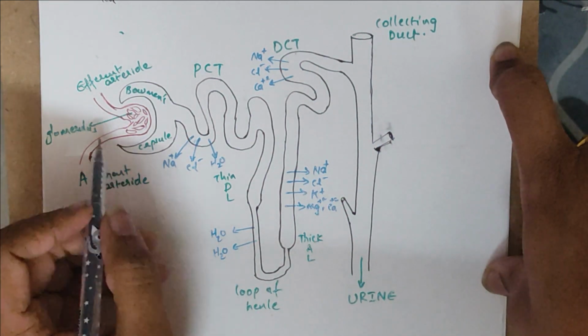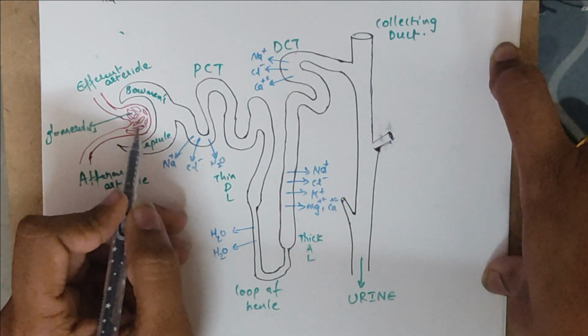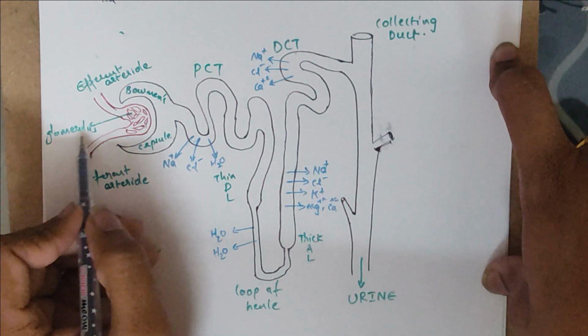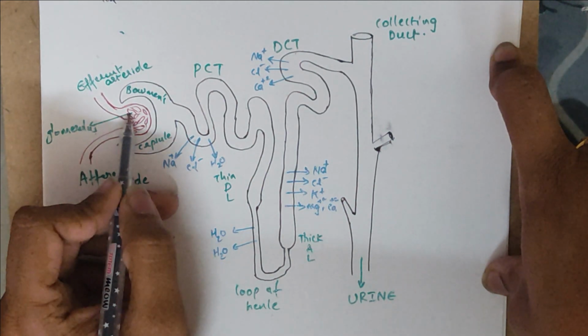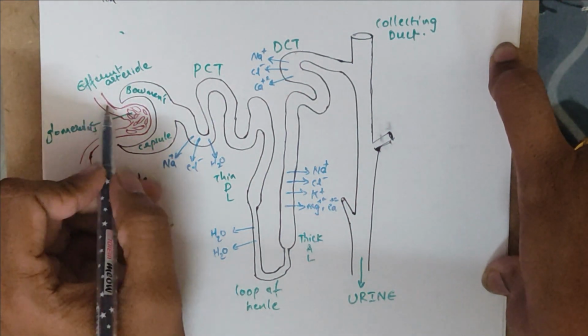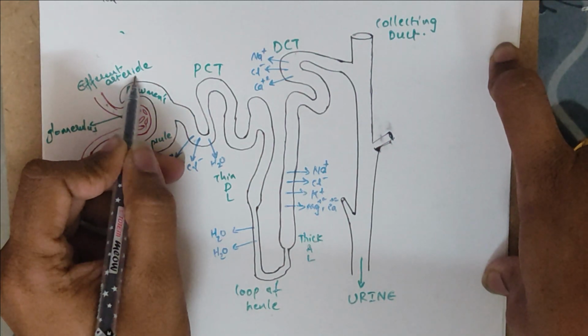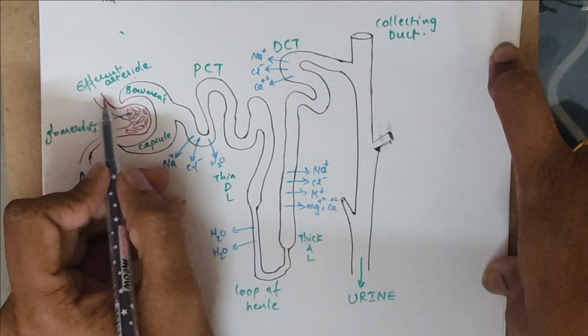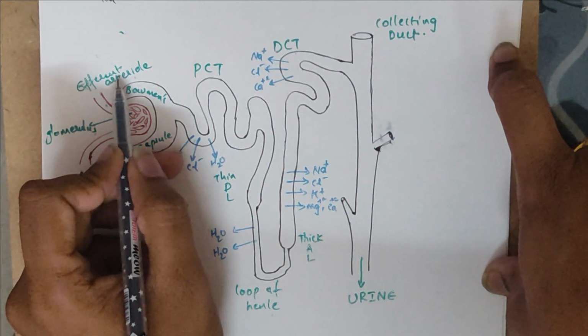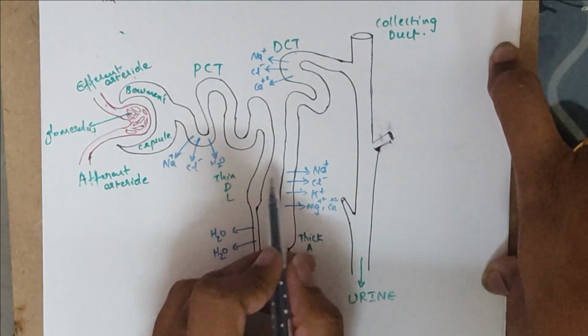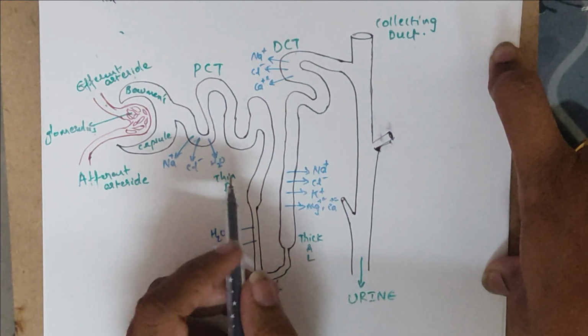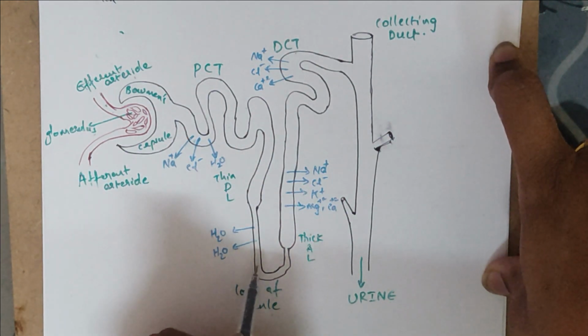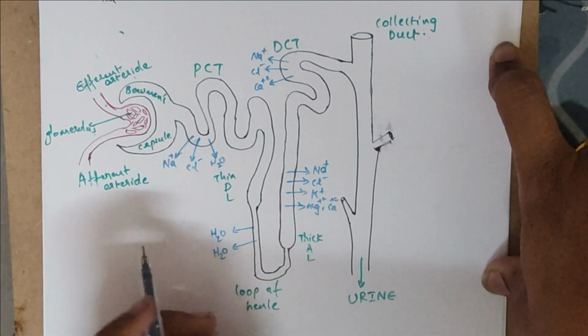Here there is a tuft of capillaries called the glomerulus, and it leaves the glomerulus by the efferent arteriole, and this efferent arteriole surrounds the nephron at different tubules, and then it leaves by venules.